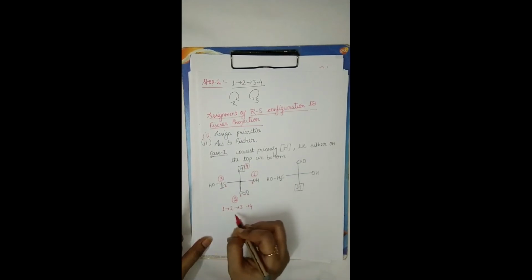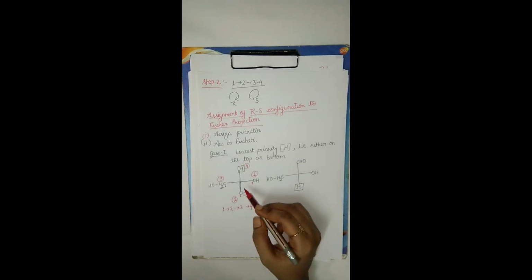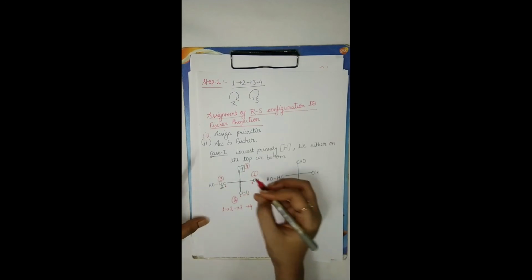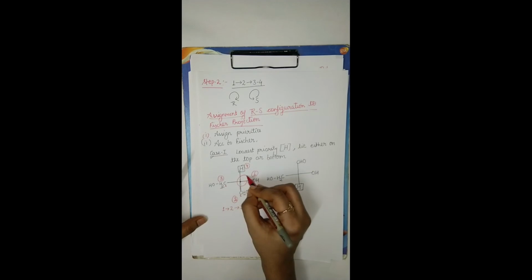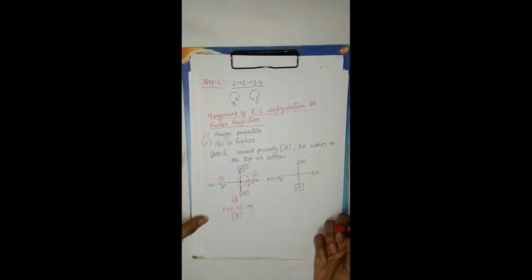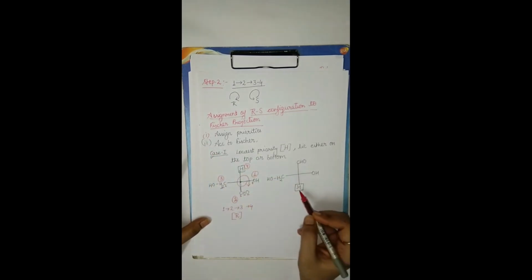Note the direction of movement of the eye in going from the group of highest priority to the second priority, then the third priority, 1, 2, 3, and assign the RS configuration accordingly. OH like this, this is R configuration. Case 1, if H lies either on the top or on the bottom.